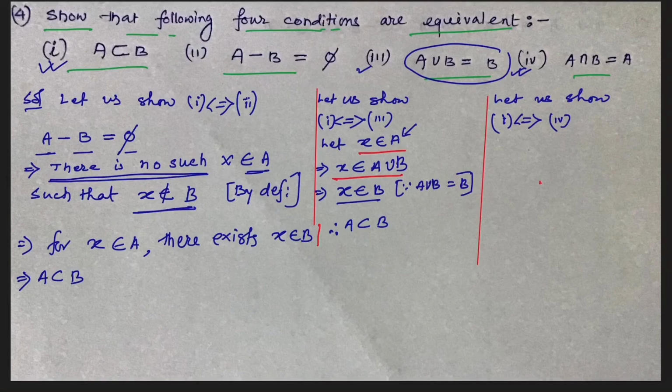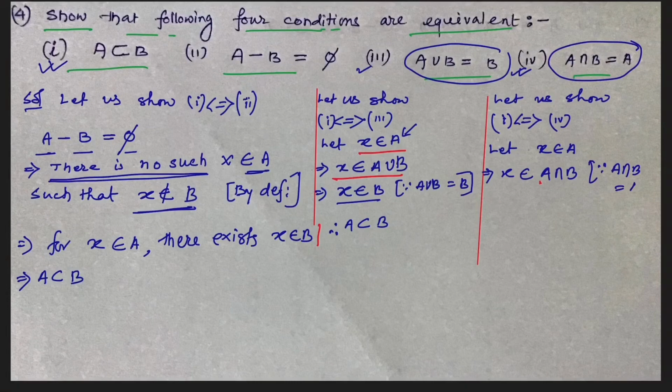For this purpose also let us consider x belongs to A. If x belongs to A, and it is given that A intersection B is equal to A, that's why x must belong to A intersection B, because A intersection B is equal to A. Now if x belongs to A intersection B, then we can say x belongs to A and x belongs to B both.